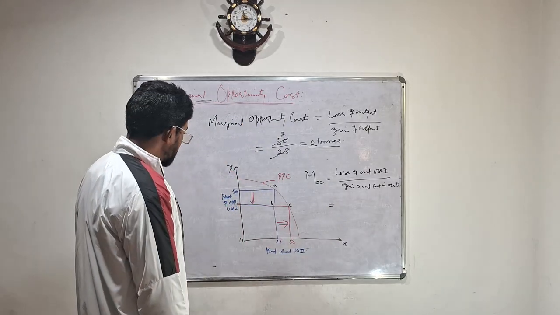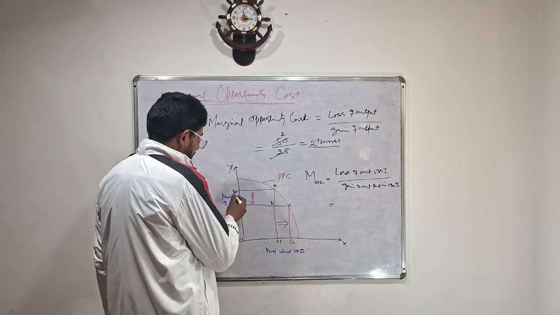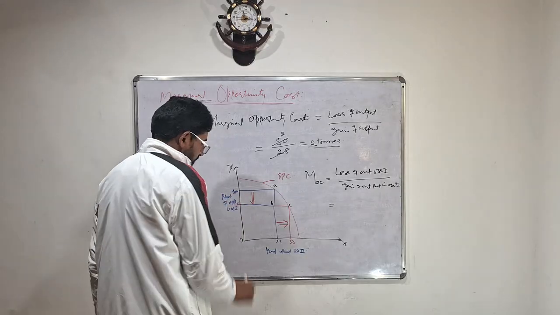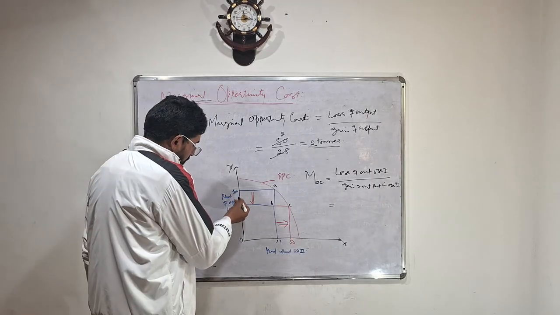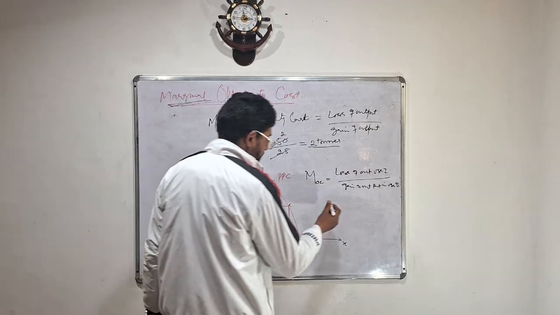Now I will write here the loss of output: production of 100 units of apples declines to 50, meaning the difference 100 minus 50 is 50.